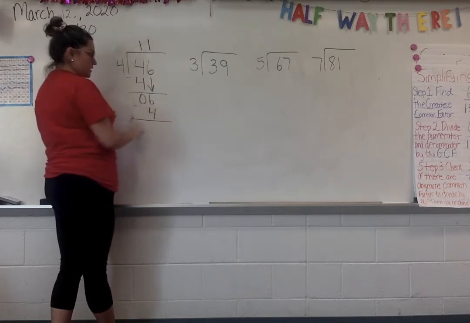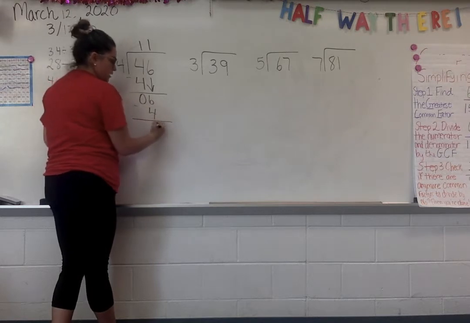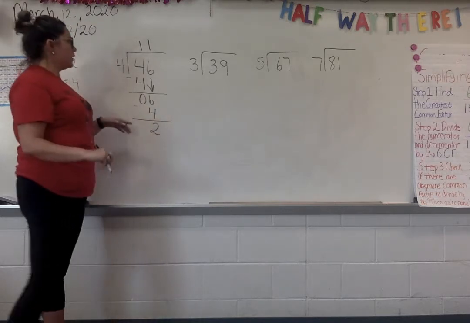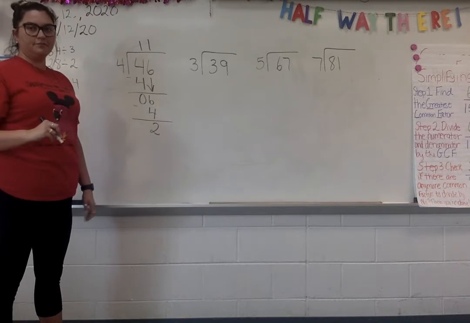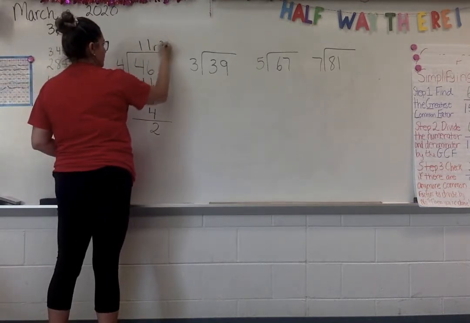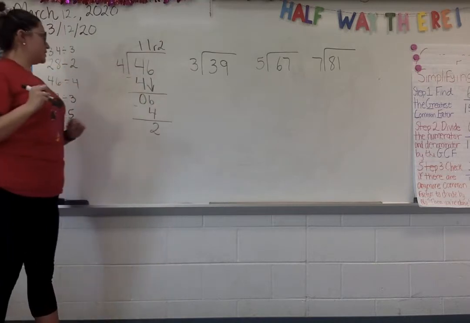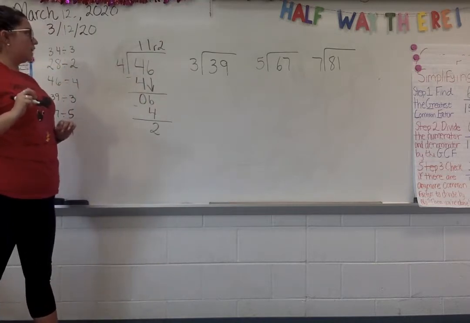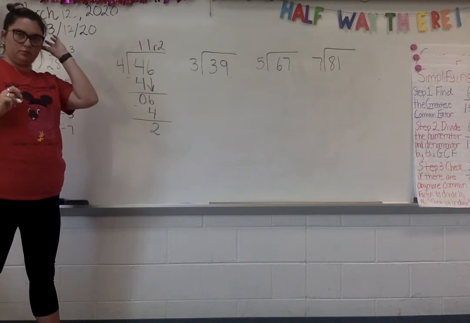So I'm going to subtract my 6 minus 4 and get 2. So I have no more numbers to bring down. So that means this 2 is going to become my remainder. So for 46 divided by 4, your answer should be 11 remainder 2.